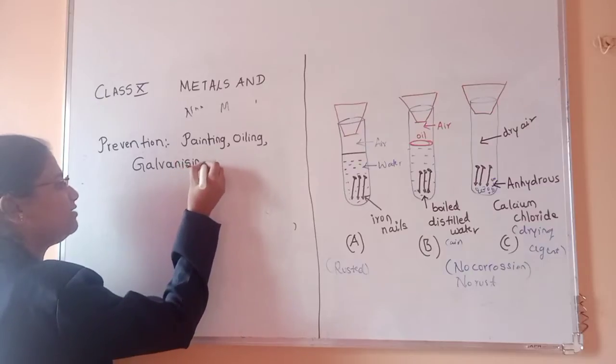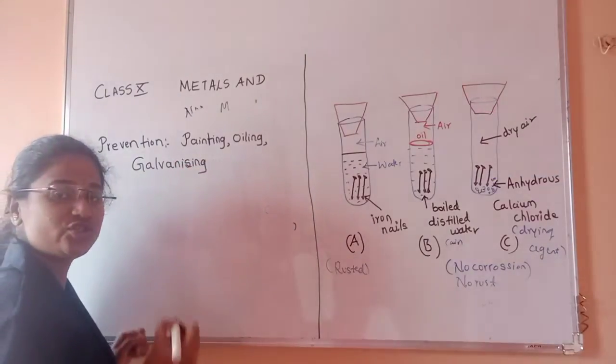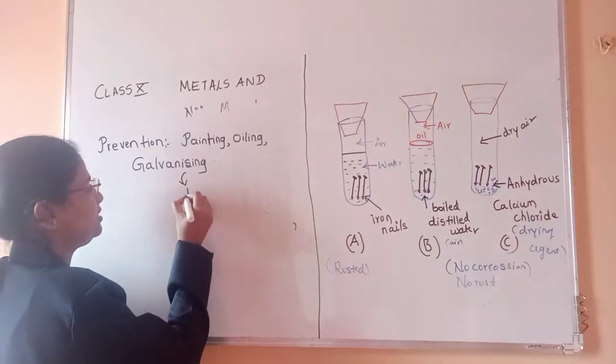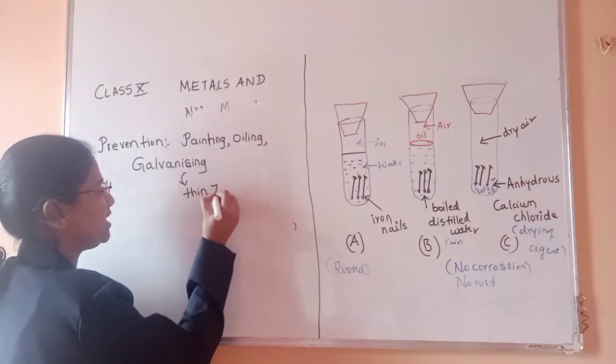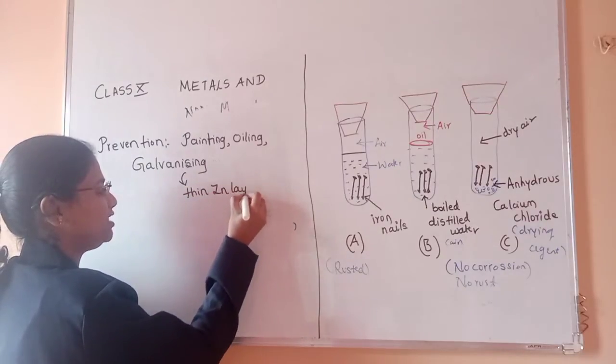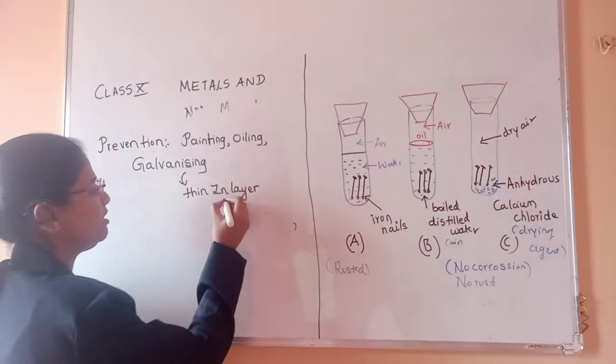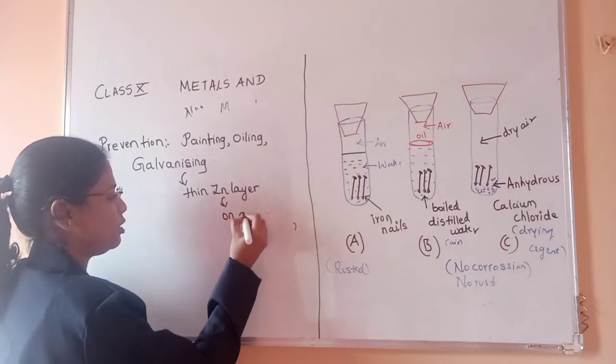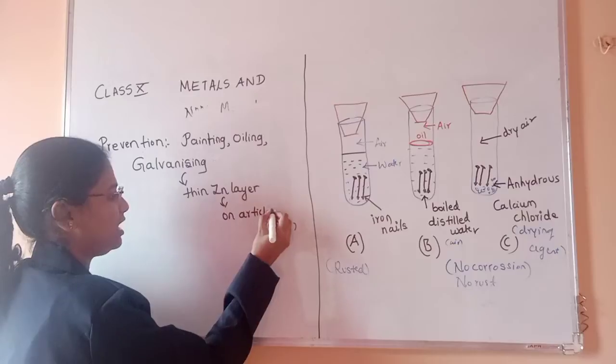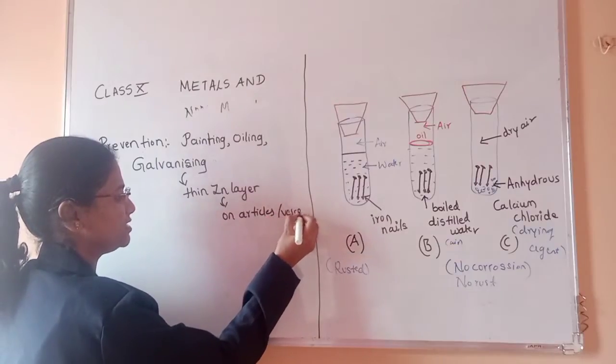What do we mean by galvanizing? Galvanization means a thin zinc layer will be put on articles or vessels of the metals.